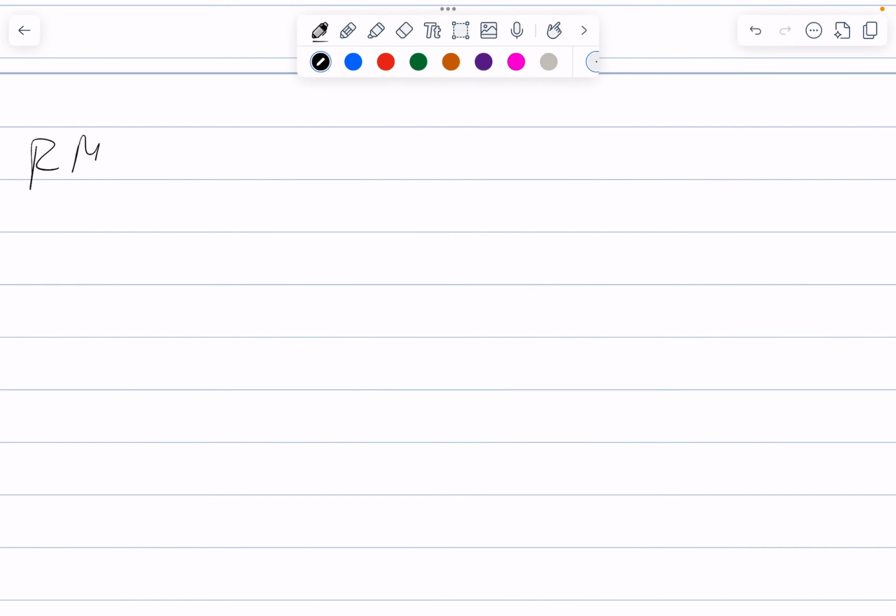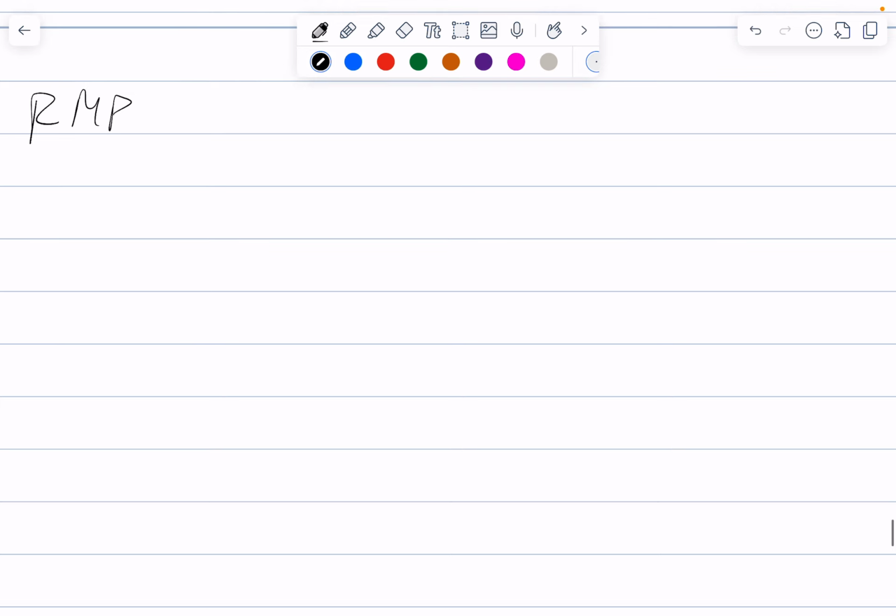So, RMP, which is the resting membrane potential, there are a couple of things that affect this. This is for a neuron.